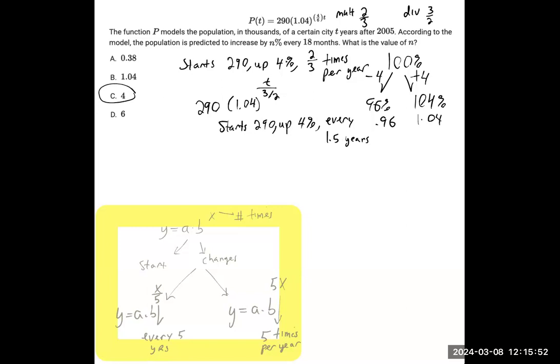If we looked at it the other way, where it's happening 2/3 times per year, that means that after 1 year, it's done 2/3 and it needs another 1/3, and that would actually be another 6 months. And so this would also lead you to the same idea in a more complicated manner. But seeing it this way tells you that it's going up 4% every 3 halves year, every year and a half, which is answer choice C.